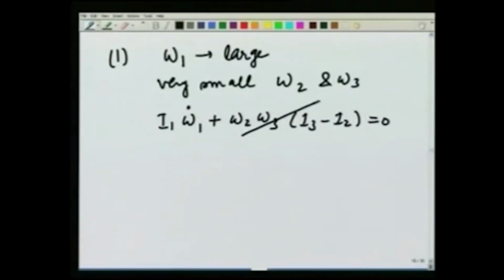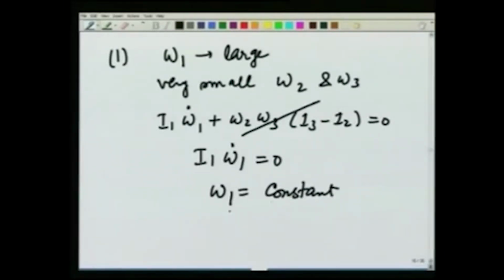Remember, I am just trying to give you a qualitative picture of what is happening, and therefore I can write I1 omega 1 dot is equal to 0, or omega 1 is a constant. Therefore, if I give it a large spin about the axis around which the moment of inertia is smallest, it will go with constant angular speed about that axis. It will keep on rotating constantly.